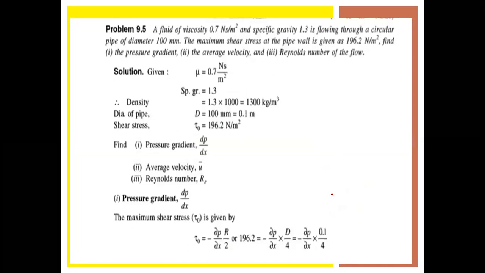Next problem, 9.5 problem. Now, a fluid of viscosity 0.7 Newton second per meter square. A fluid, so ఇక్కడ వాటర్ కూడా కాదు, మళ్ళీ ఫ్లూయిడ్ ఇచ్చారు లామినార్ ఫ్లోకి. So why are they using laminar flow, generally liquids?